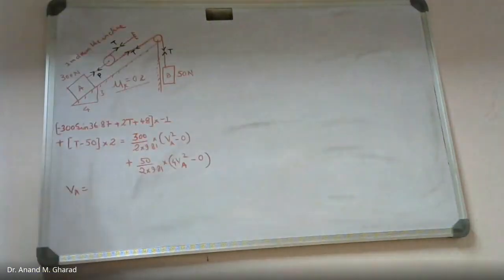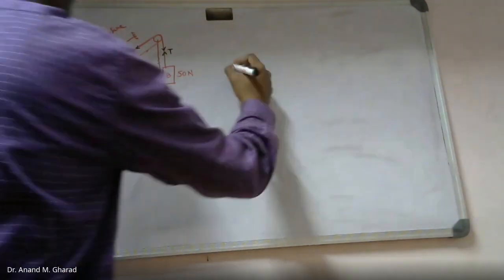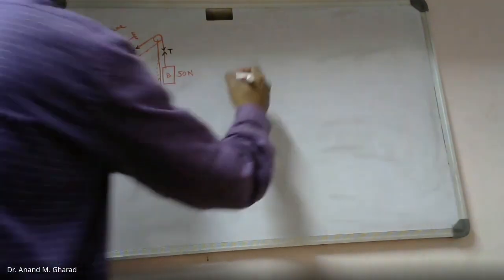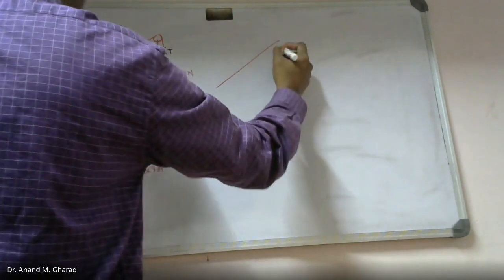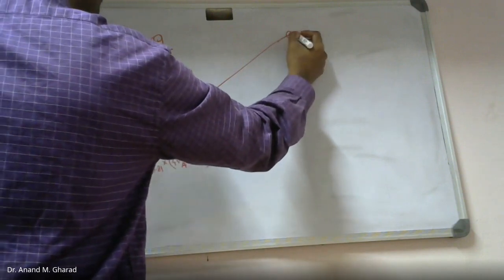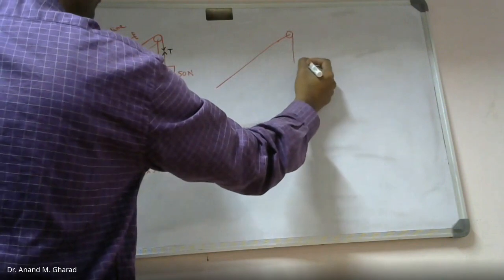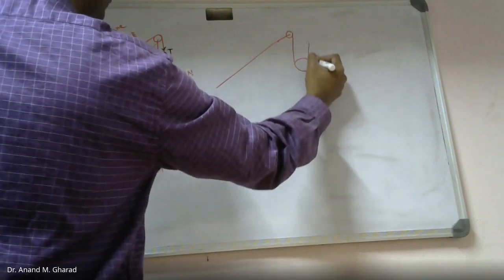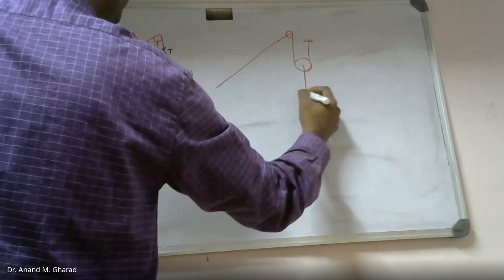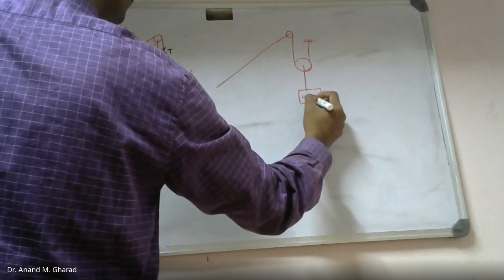On the similar line, there is one more numerical. You can take this as your homework. Again, a system. 480 Newton.